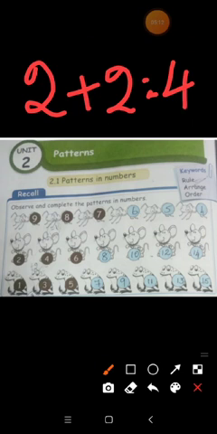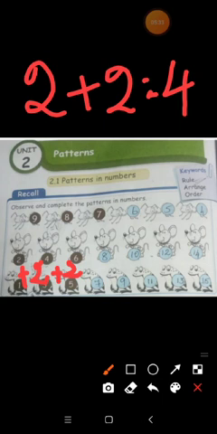The rule is plus 2, because when we add 2 with 2, then only we get the number 4. So here the rule is plus 2. You have to add plus 2 with every last number. You should not change the rule to complete the second pattern. For the whole pattern you have to follow the same rule.